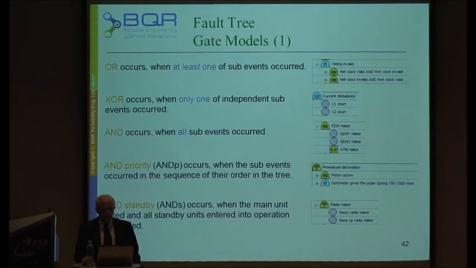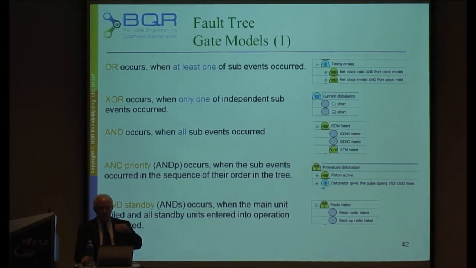Okay, so OR gate, it's either this or this one can happen. XOR gate, when only one is an independent event, either this or this. AND gate, it should be all those together happening to create an end effect. Priority means that the first one should happen first, and this is the second.